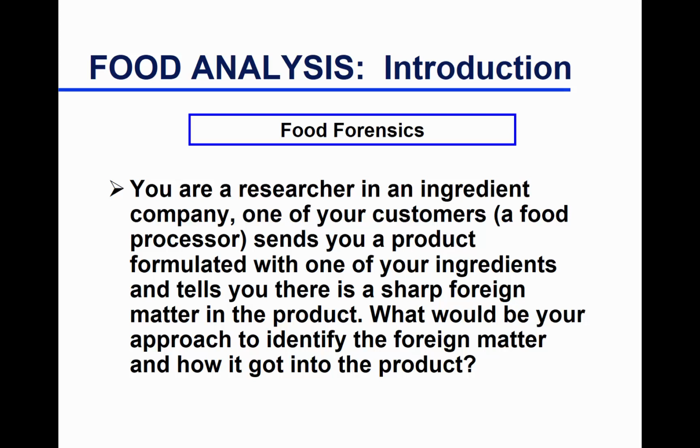When they say sharp foreign matter, what's the easiest thing you would do? Nico. Yeah, I would do metal detection. Metal detection is one, and if it's not metal, what do you do next? Look under the microscope. There are a lot of different types of microscope.